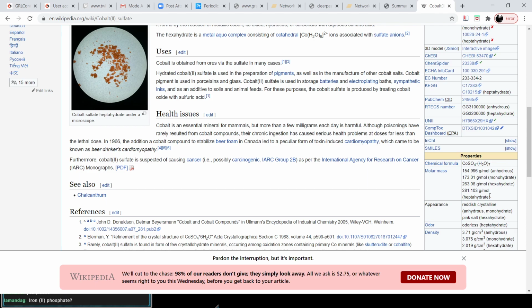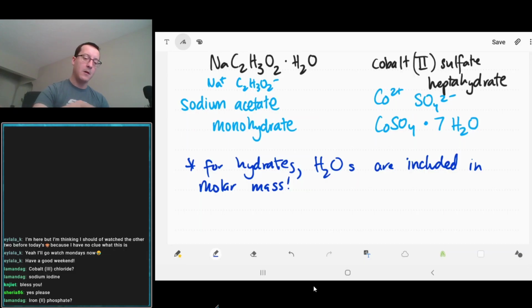Remembering that water is about 18 grams per mole, you can see that difference here between just adding these waters on. And so it's important that we remember that because these are physical structures, we want to include our waters for any molar mass calculations we do anytime we see hydrates. Okay?